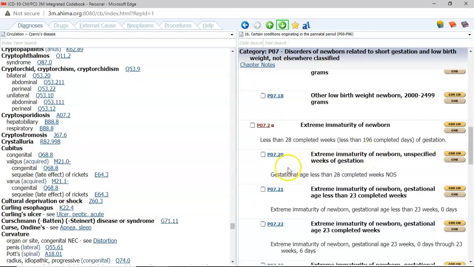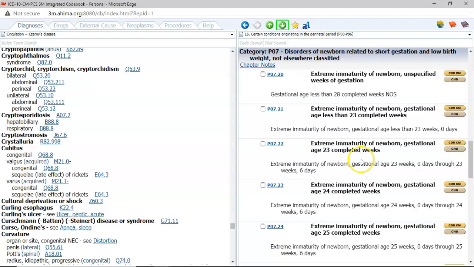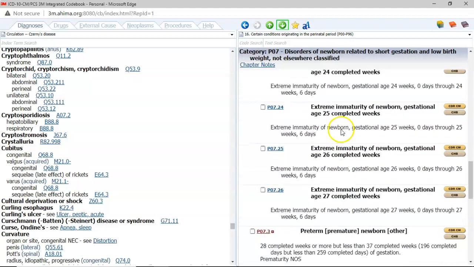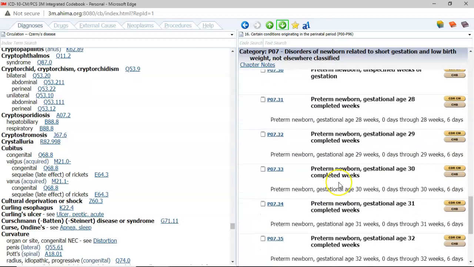And you can see that we have unspecified weeks, and then age less than 23, gestational age 23, 24, 25, 26, 27.